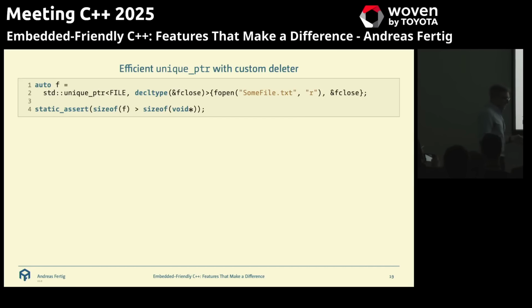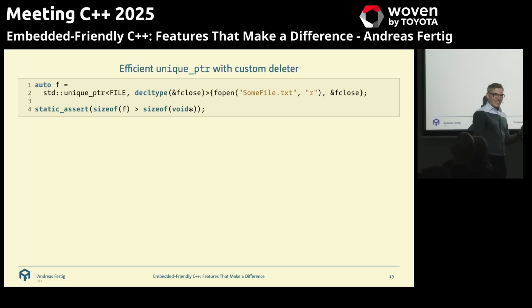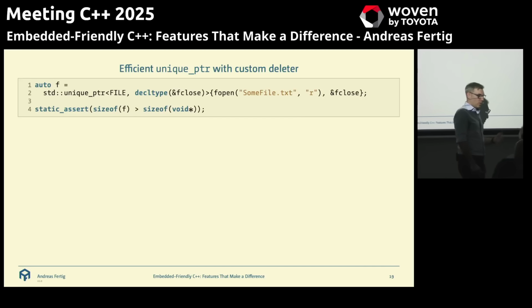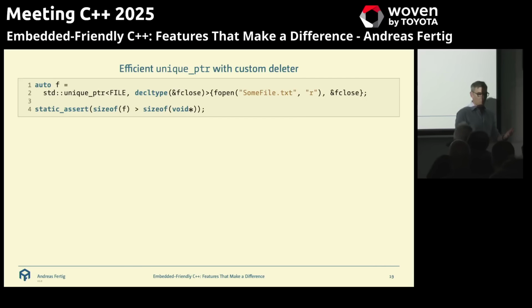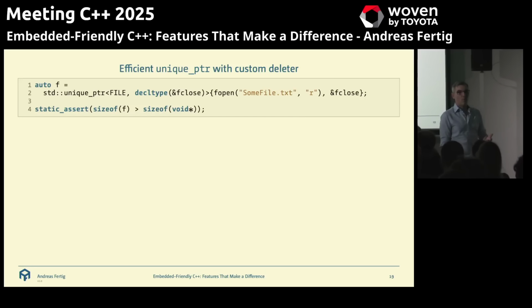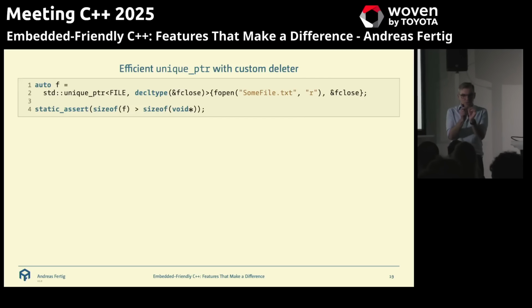The next thing is it gets less efficient. So usually we teach that you can use a unique pointer as a replacement for a raw pointer because it's just a small abstraction around a raw pointer. But if I do a static assert with the sizeof an object of this unique pointer, f here, then that assert only passes if I say that sizeof f is greater than the size of a void star. So essentially greater than the size of 1 pointer.